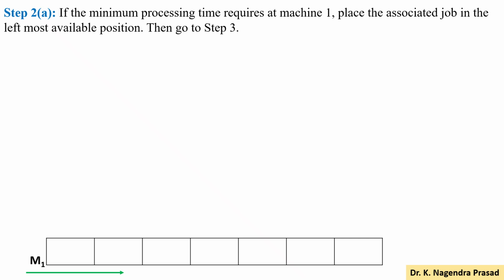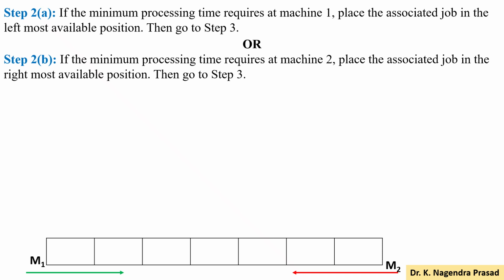Then you have to go to step 3. So first I have to observe the minimum processing time for all the jobs. If the minimum processing time is for the respective job on machine 1, then you have to place the respective job in the leftmost available position. Then you have to observe step 2b.